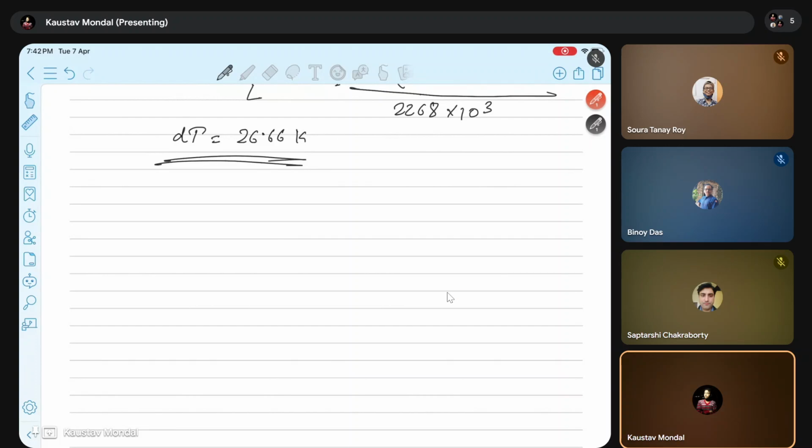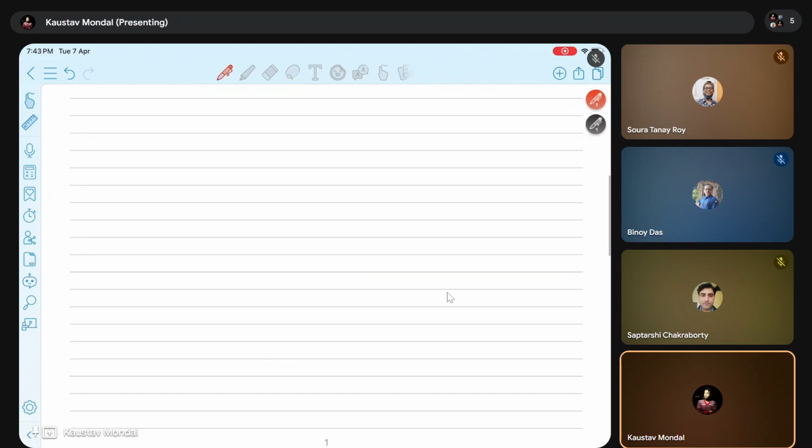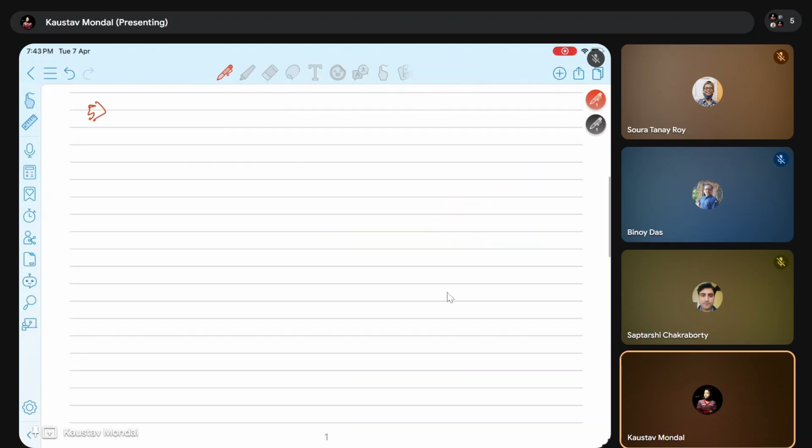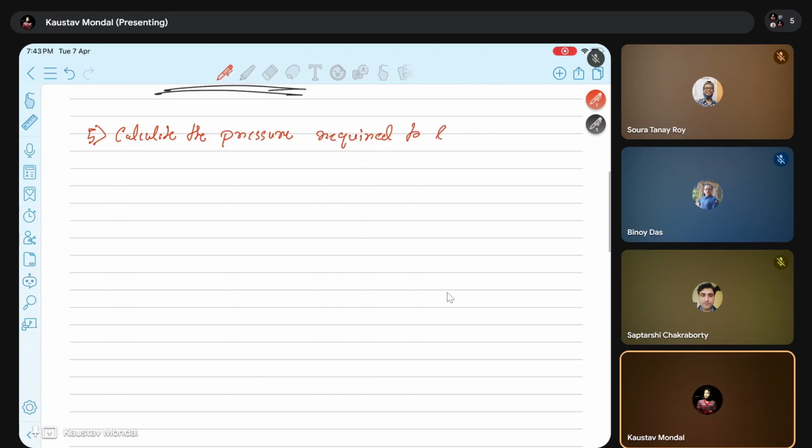Problem 5. Calculate the pressure required to lower the melting point of ice by 1 degree centigrade.